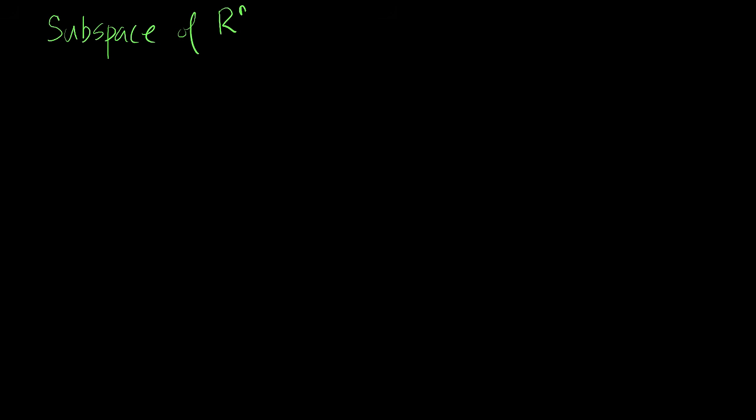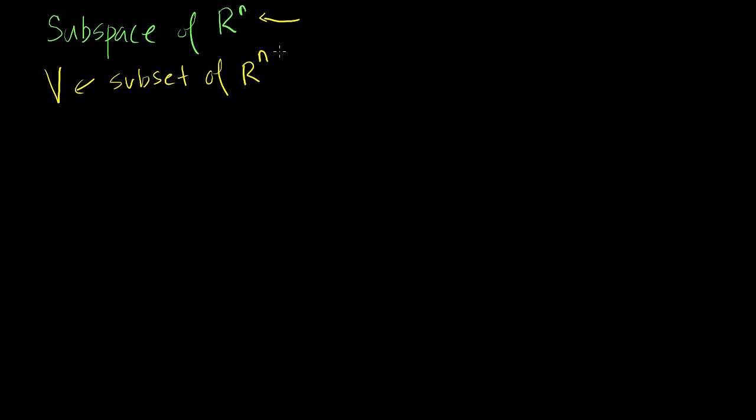I'm going to say that V is some subset of vectors, some subset of Rn. We already said that Rn is really just an infinitely large set of vectors where each of those vectors has n components. I'm not going to formally define it, but this is just a set of vectors.